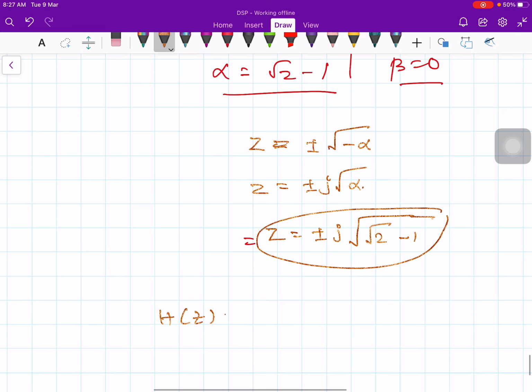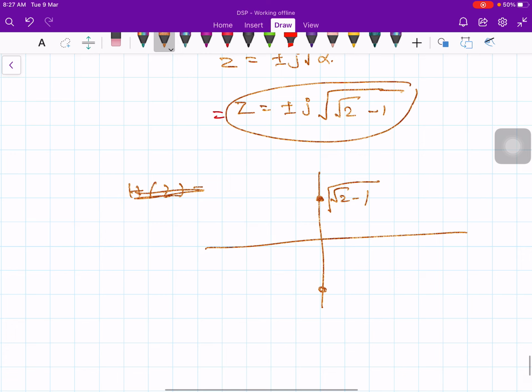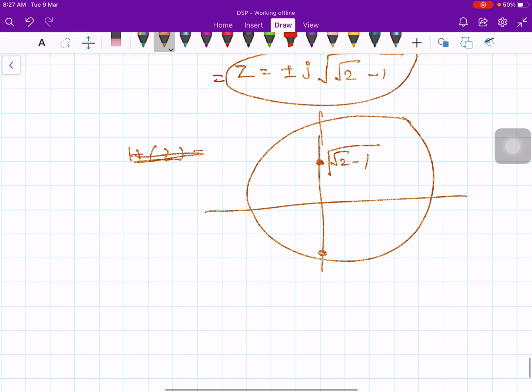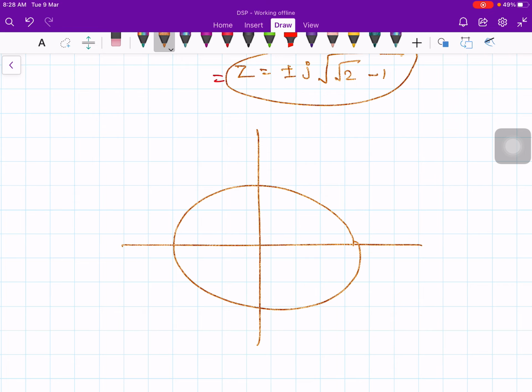Now where are these poles located? Maybe this point is j times the square root of root 2 minus 1, on the unit radius circle, and this point is minus j times the square root of root 2 minus 1.